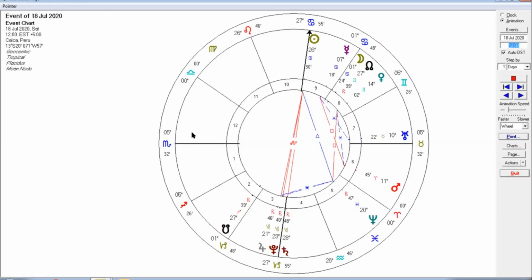Somebody's not seeing the symbols in the lower part of the screen. You mean where my arrow is down here, like not seeing the whole chart, or the symbols at the side, the key? I'm not seeing the key, like the symbols at the side. Oh, thank you. I changed what I was showing on the screen, but I think you're still all looking at a different page on my screen.